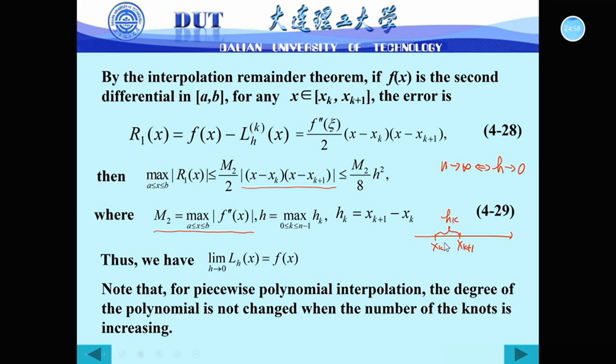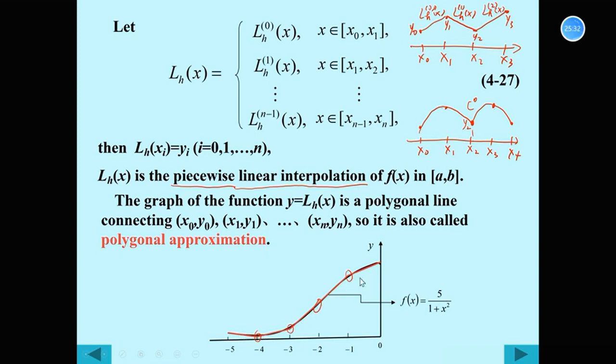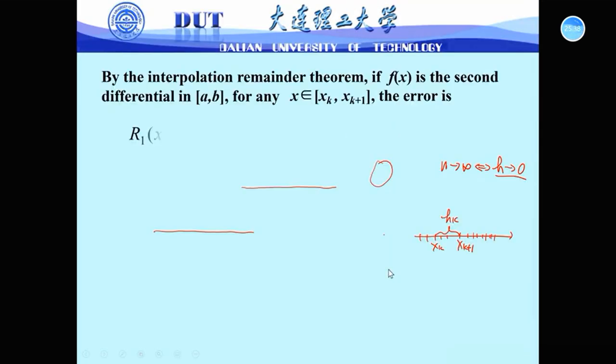And h is the maximum step size. So if we add more and more nodes, then h goes to 0. Now you see, the error term goes to 0. So we have the limit, right? When h goes to 0, the limit of the piecewise linear interpolation polynomial L_h is f(x). Okay, so here you see the figure. You see it is closer and closer to the curve, right? Convergence. It means we have the convergence.